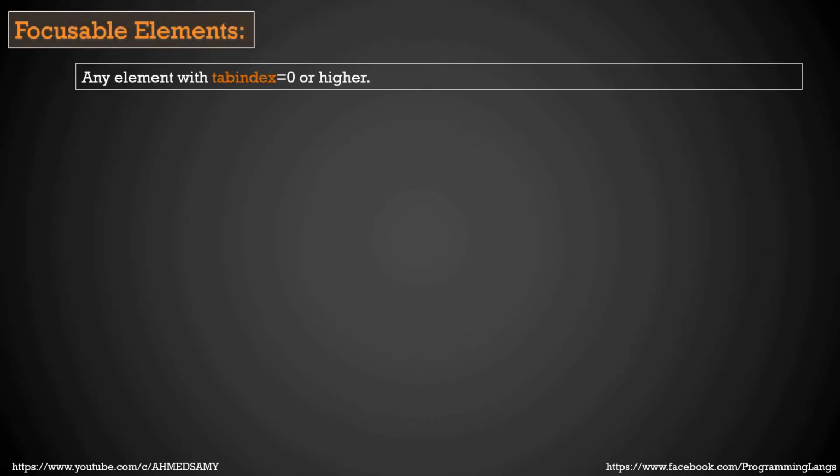Focusable elements: any element you give a tabindex of 0 or higher, as we explained, like buttons, which are already focusable by default. Input fields, also the same by default. And anchor tags with an href attribute. An anchor tag without an href attribute will not be focusable, it will have a tabindex of -1.